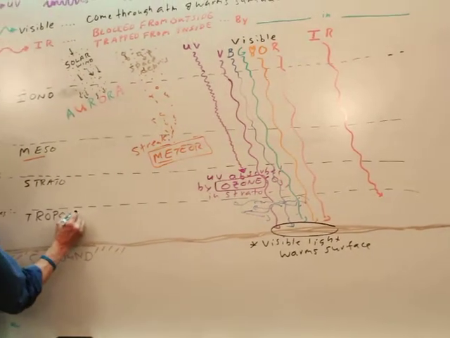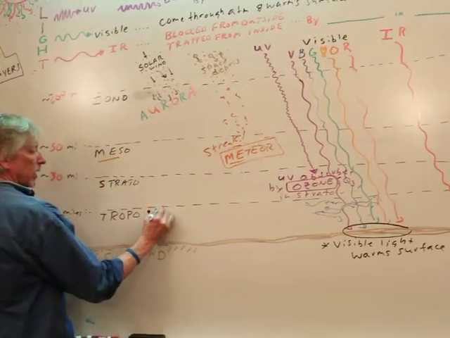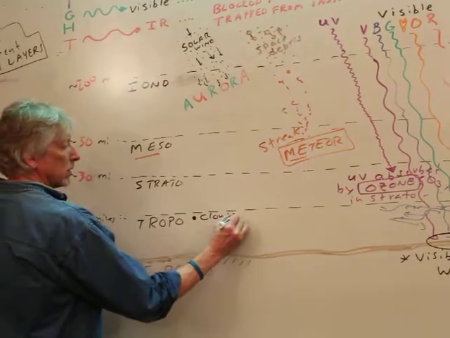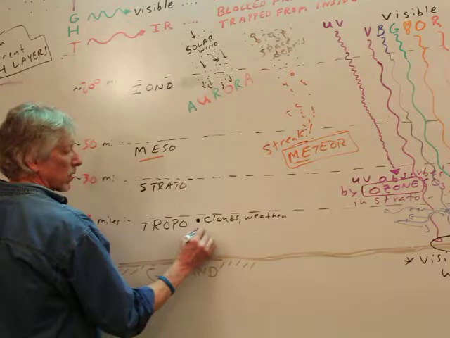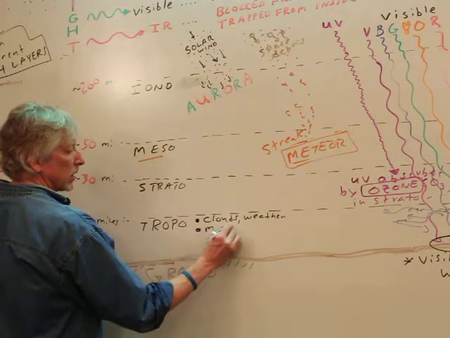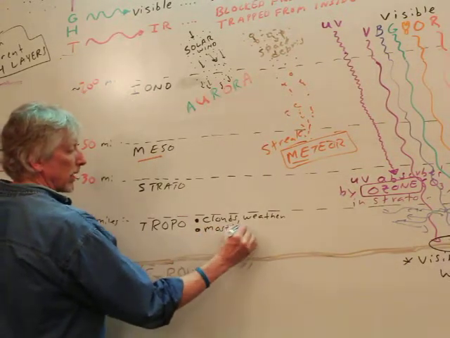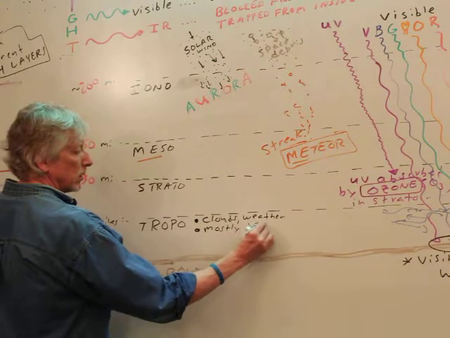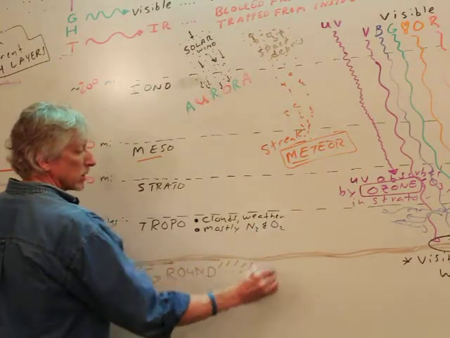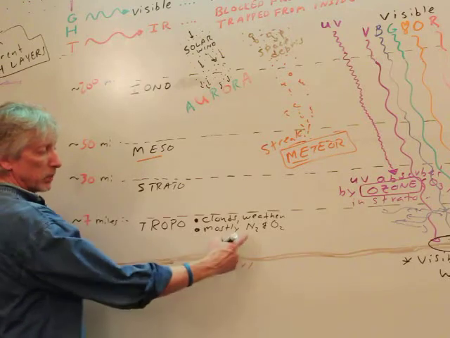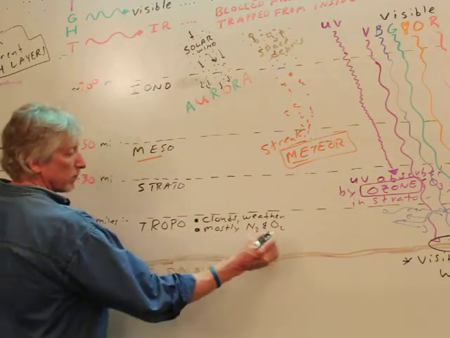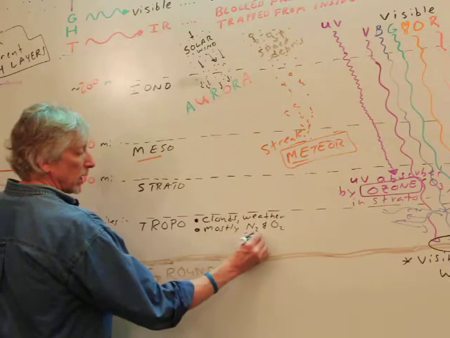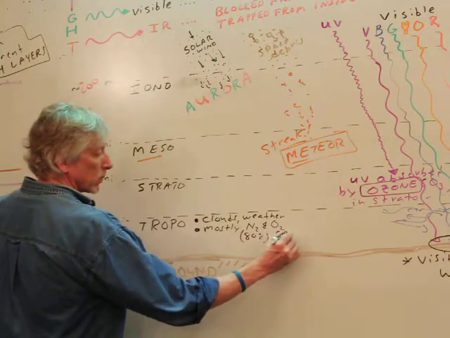Well, this is where we have clouds and weather. This is where we have mostly nitrogen and oxygen. 80% nitrogen, 20% oxygen around there, right?